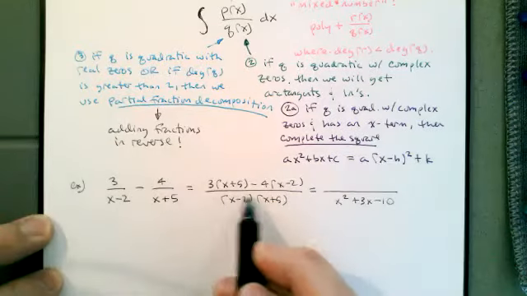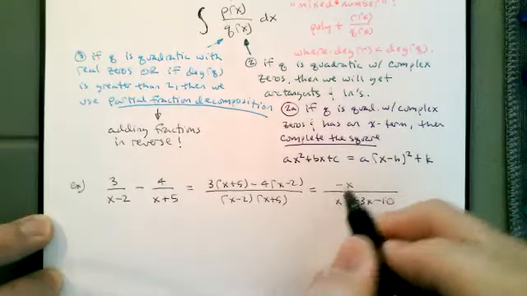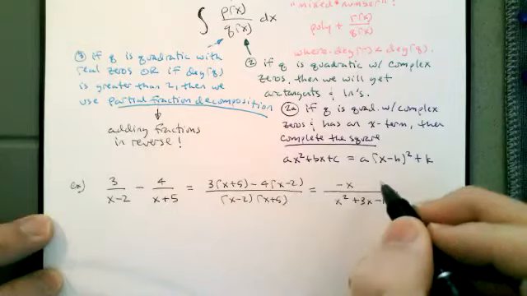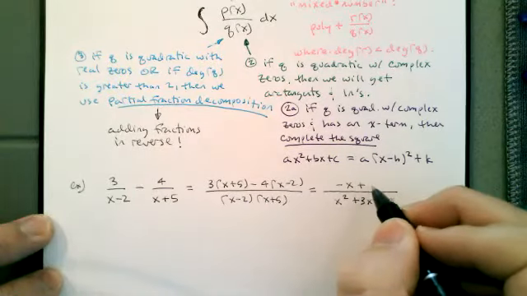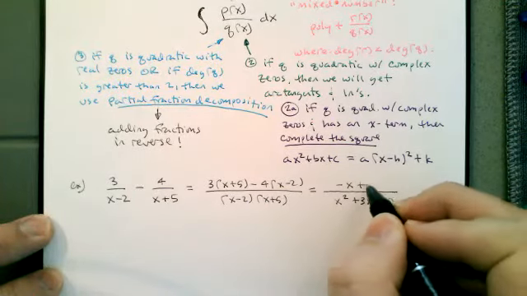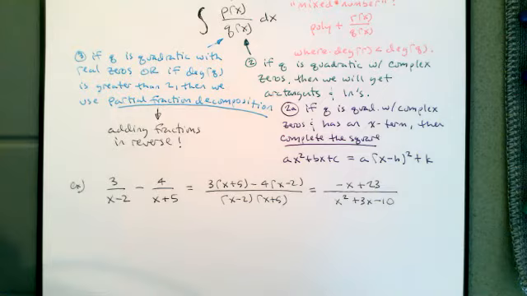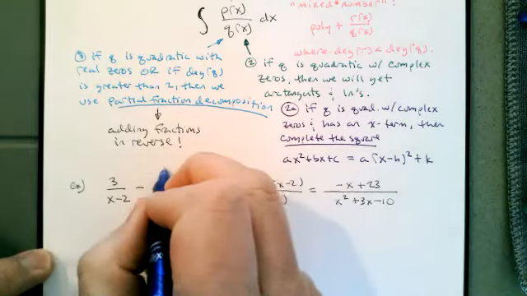And then the numerator is going to be 3x minus 4x, or negative x, and then 15 plus 8 is 23. So when we go from left to right, we're just adding fractions. When we go from right to left, that's partial fraction decomposition. So this direction is just adding fractions.